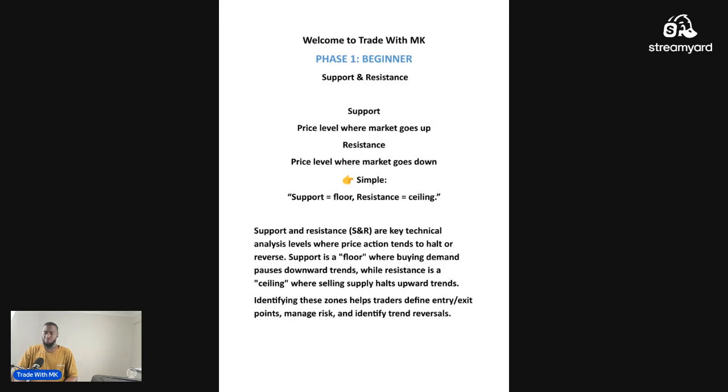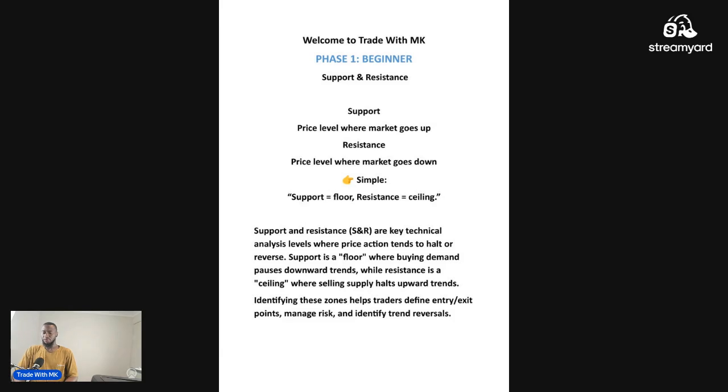It's very simple. Support equals floor, resistance equals ceiling. Support and resistance, the short keyword is S and R. A key technical analysis level where price action tends to halt or reverse.